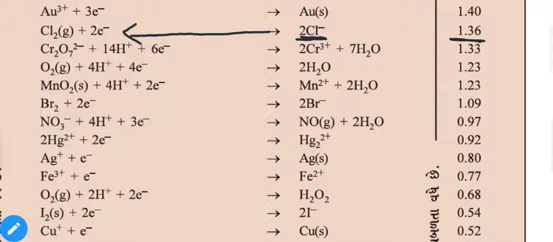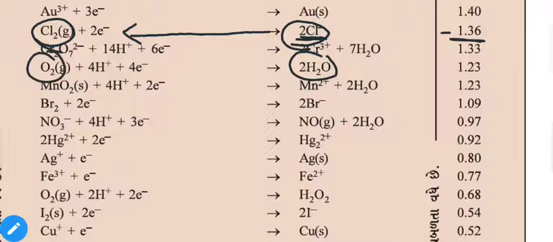So the reverse reaction will have the opposite potential. That means when Cl minus produces Cl2 gas, the potential will be minus 1.36. Similarly, from water, when we try to produce oxygen, that means H2O to O2, its value is 1.23. For the opposite reaction it will be the negative value, minus 1.23.